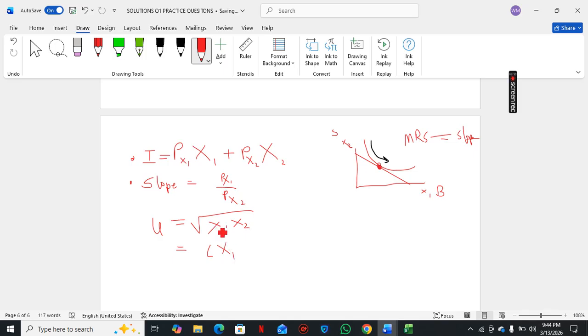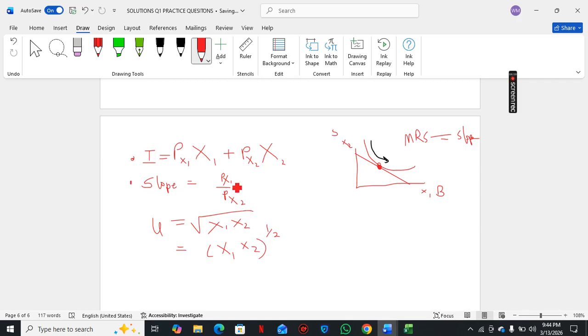It becomes (X1 X2) raised to the power half. This comes from the laws of indices. Whenever you see a root sign, convert it to the power half.